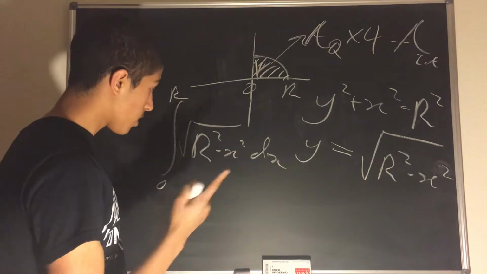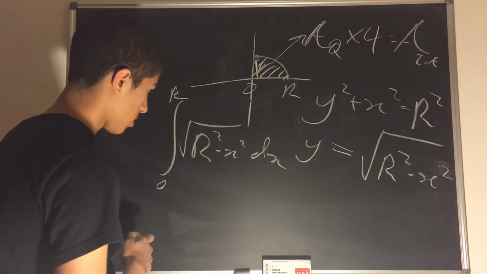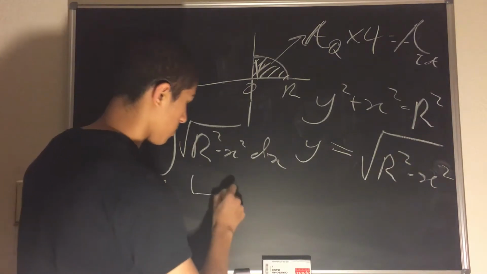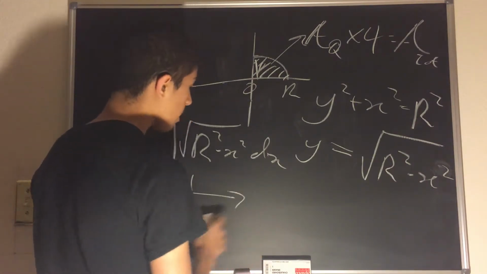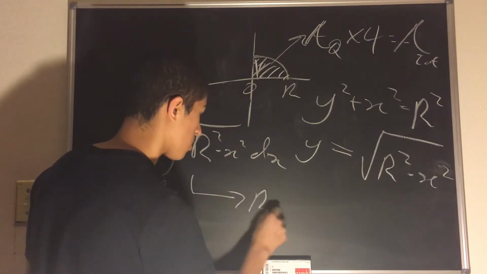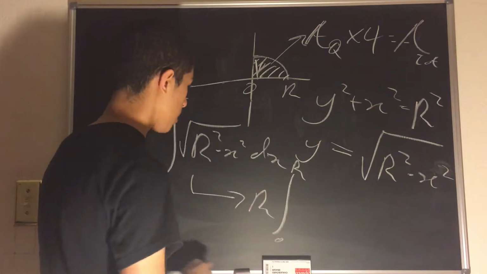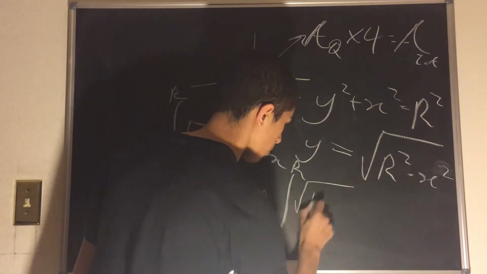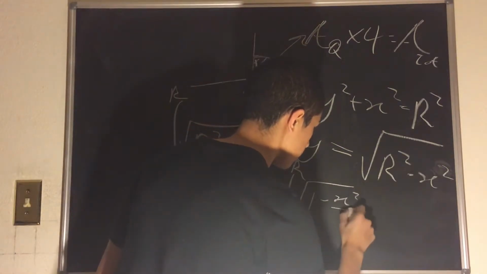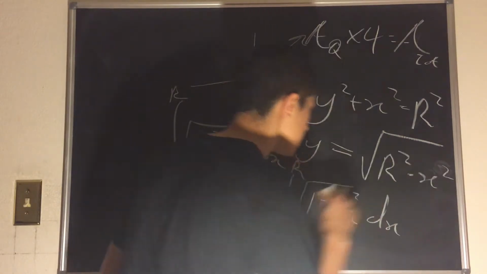We can, for one, factor out r squared from the square root and the integral. So then we have the area of our quadrant is equal to r times the integral from 0 to r of the root of 1 minus x squared divided by r squared times dx.